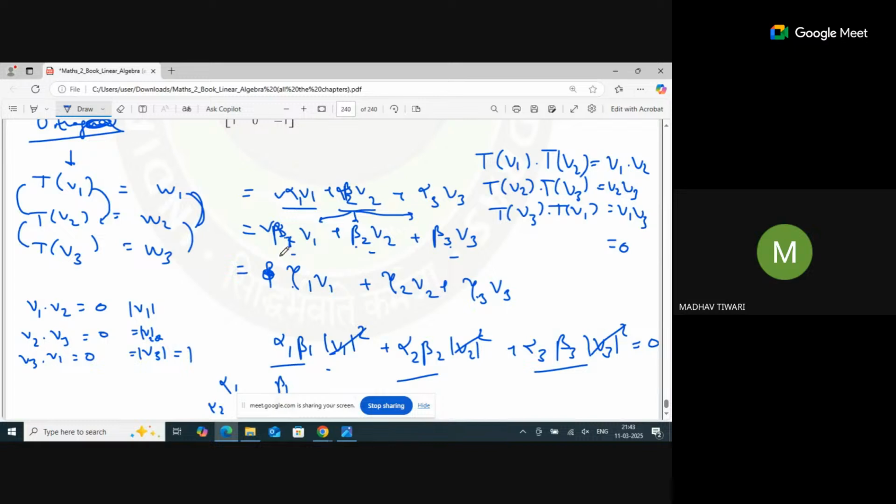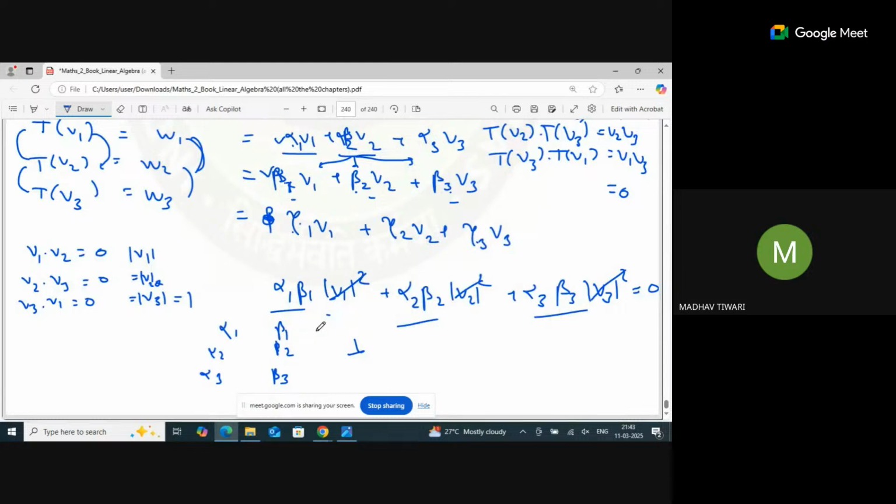You will get alpha 1, gamma 1, plus alpha 2, gamma 2, plus alpha 3, gamma 3 equals 0. So these three vectors, alpha, beta, and gamma, are perpendicular to one another in terms of the dot product. Sir, you are considering V1, V2, and V3 as orthogonal vectors? Orthonormal, sorry, I consider them orthonormal.